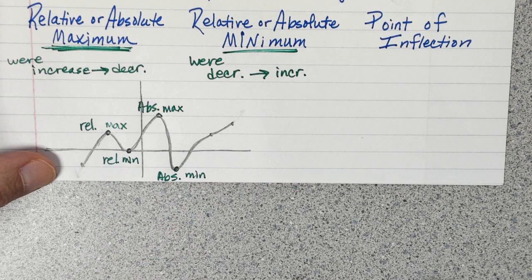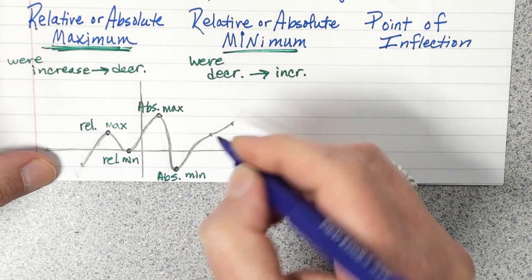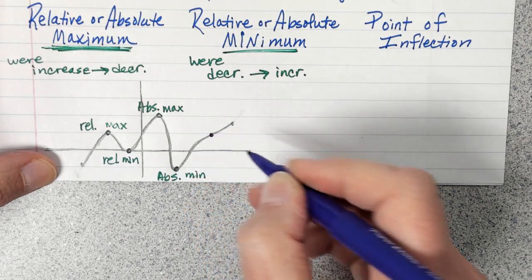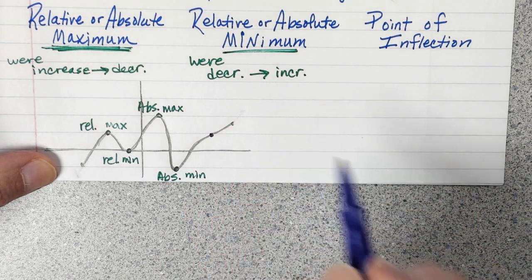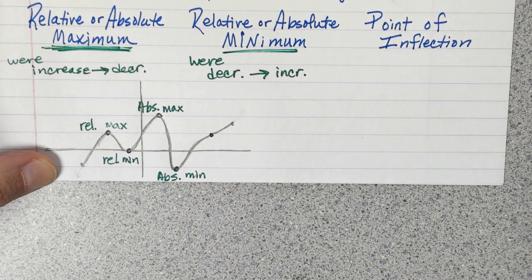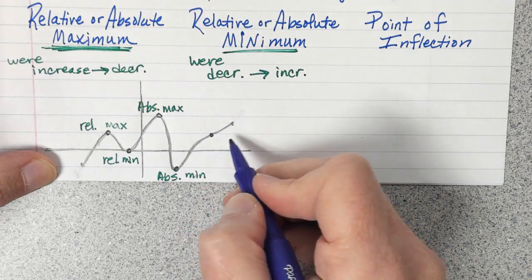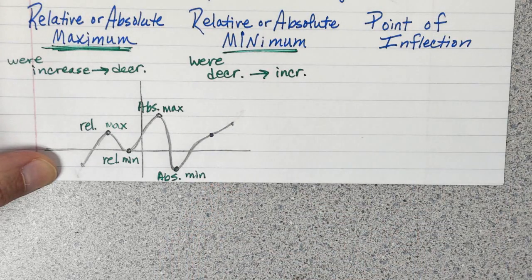Now the point of inflection is this point right here, because it's a point where the graph bends, but it doesn't change from increasing or decreasing. So let's write that out a little bit.